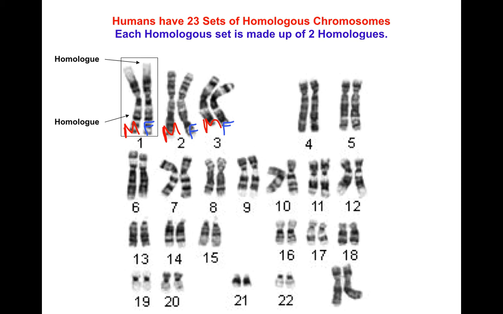You can see the striped bands. Those are called the locus. And so 1 through 22 are autosomes, and then 23 is the sex chromosome.